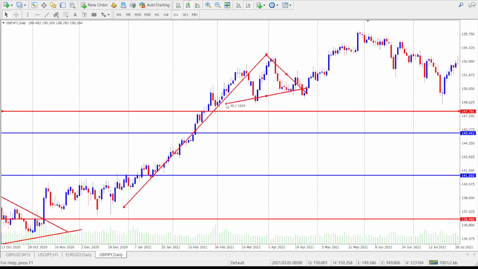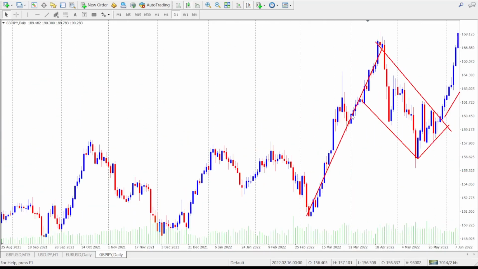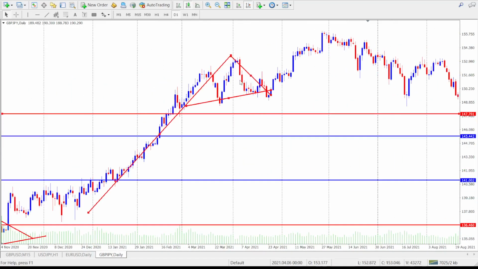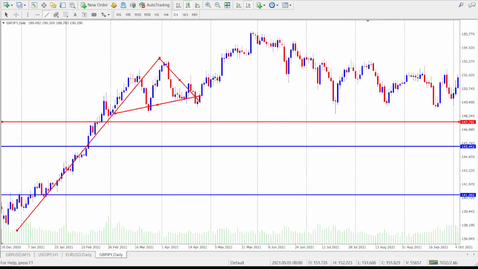So this is called a pennant. Okay, unlike the flag that is more like a rectangle, this one is like a triangle. Okay, and then we could have a breakout to the upside. So this is going to be a bullish pennant. Okay, so when price breaks out of these patterns, it often continues in the same direction as the original move.